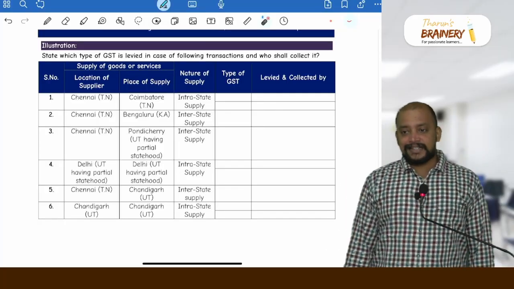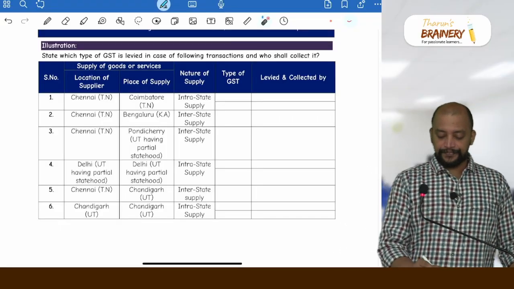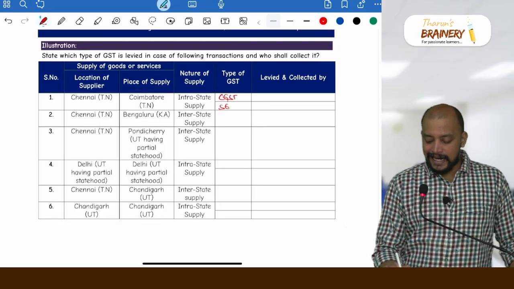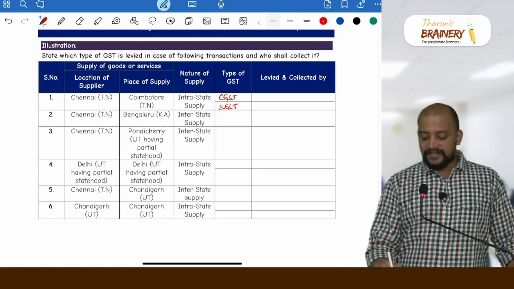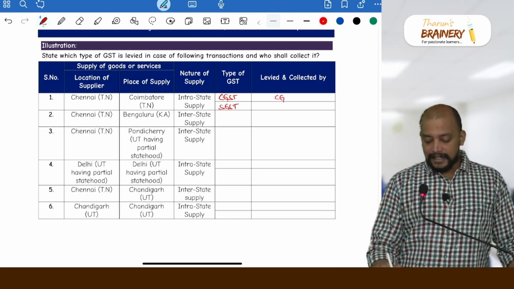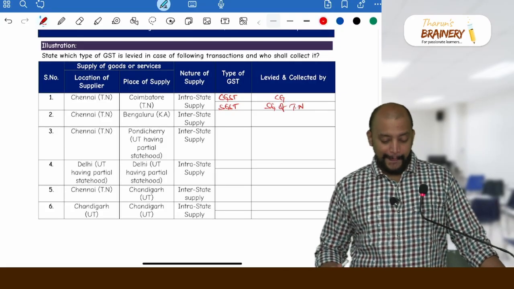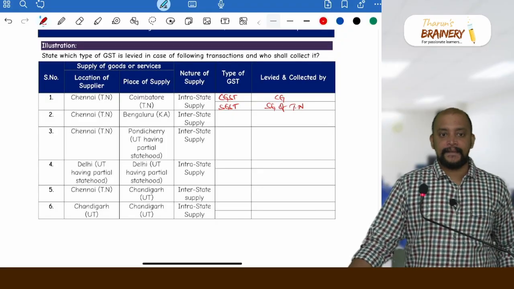Nature of supply intrastate. So what is the type of GST? CGST and SGST. CGST levied and collected by central government. SGST levied and collected by state government of Tamil Nadu.